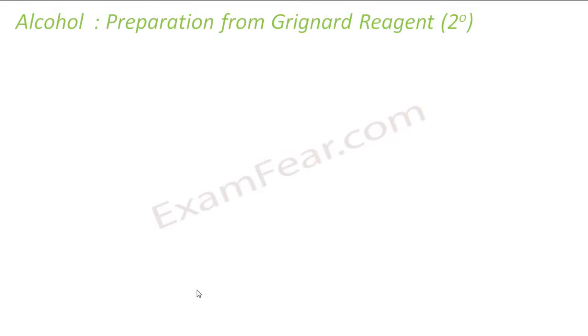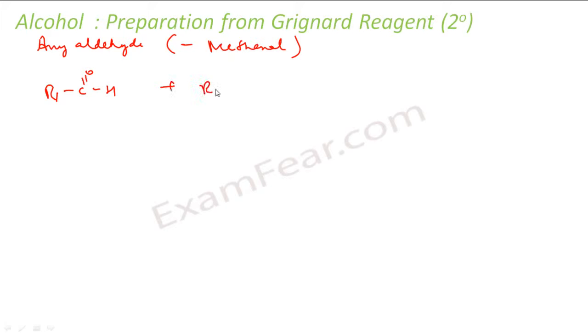Let's see the same thing for secondary. For secondary, I told you we can use any aldehyde other than methanal. This will give you a secondary alcohol. So let's suppose I have R1CHO, this is my aldehyde.